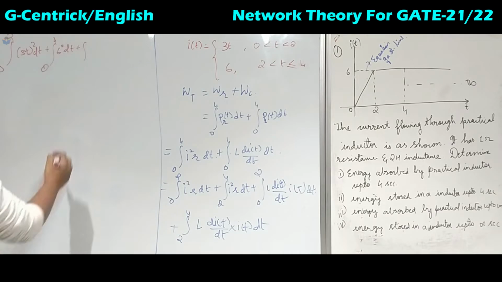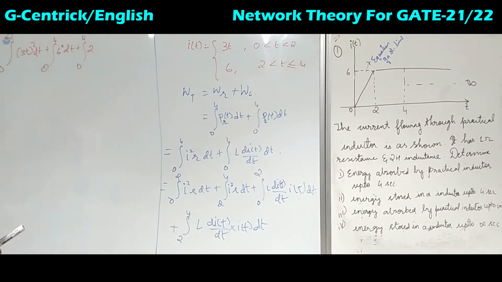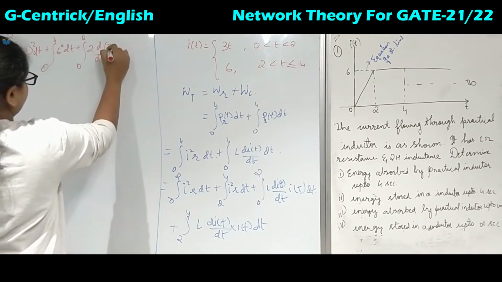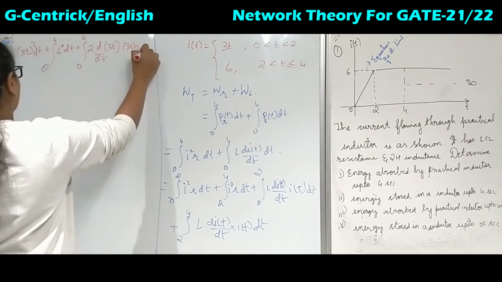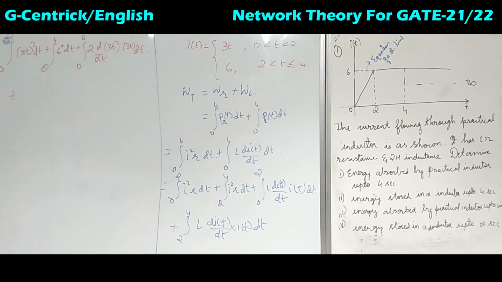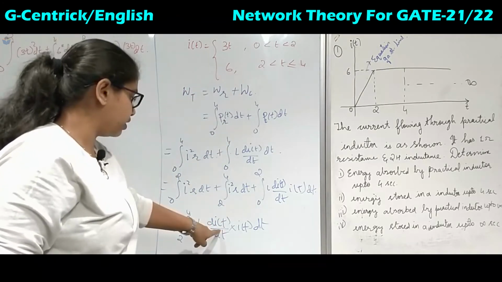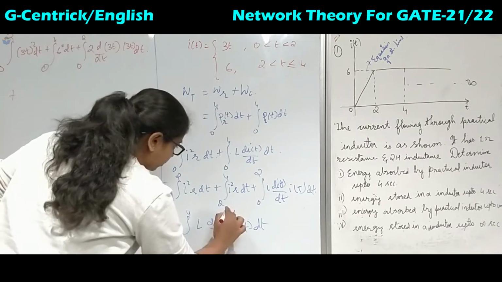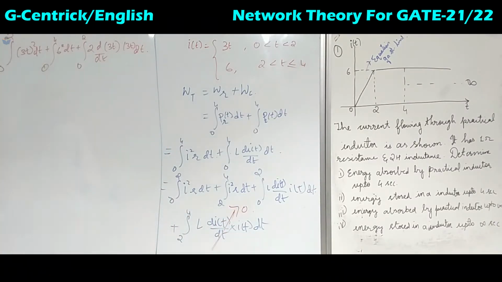Plus, coming to the inductor from 0 to 2, the value of L is 2 Henry, di/dt we have 3, into 3t dt, plus from 2 to 4 we have a constant value. So the differentiation of this constant comes out to be 0. Okay, so this whole term is 0, so we will not consider it.